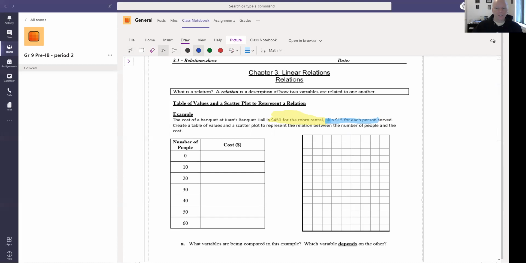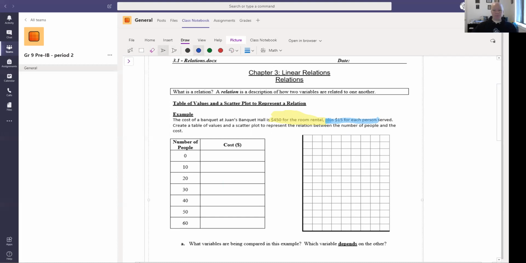So we're going to need to populate this table so then we can plot the appropriate points on the grid to the right. So number of people is 0. So before anybody shows up, what is the cost of renting the banquet hall? This is the cost for the people who are putting on this banquet. So what are the costs?